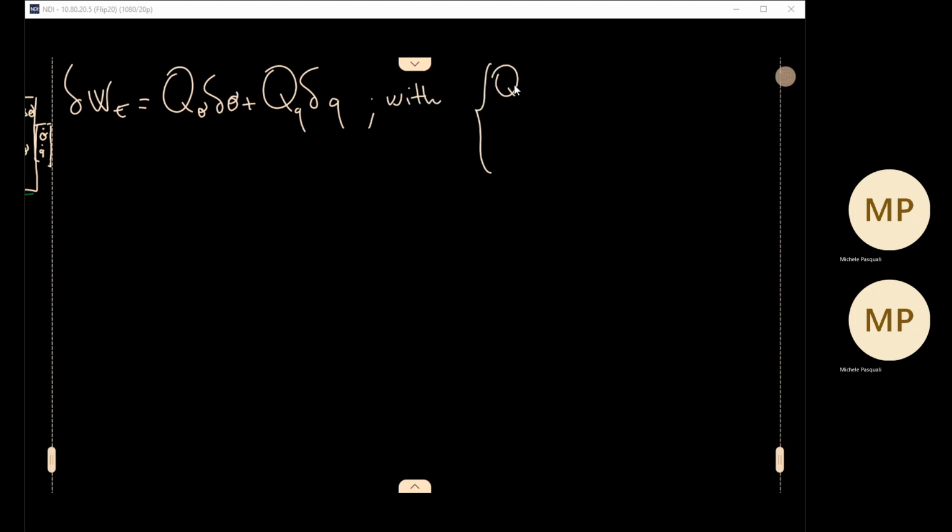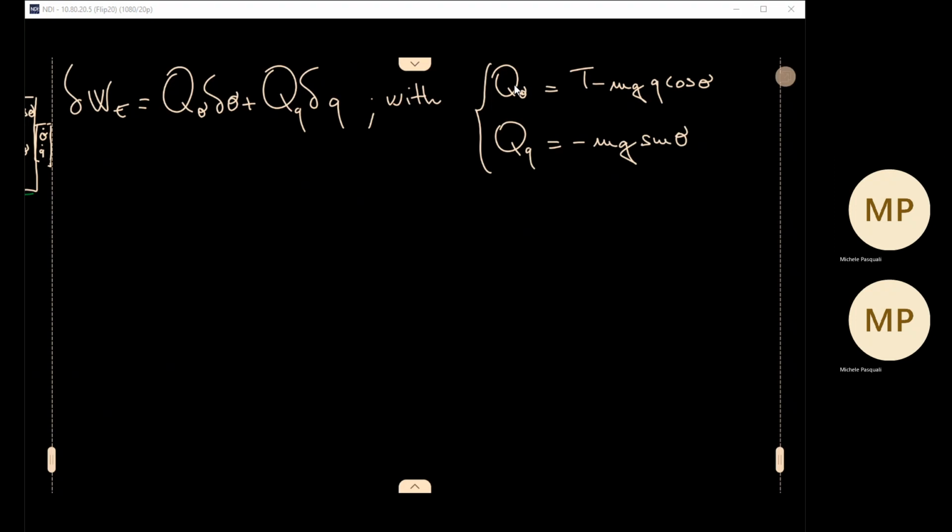If you go and check, our Q theta is just T minus m g q cosine of theta, while our Q q is minus m g sine of theta.